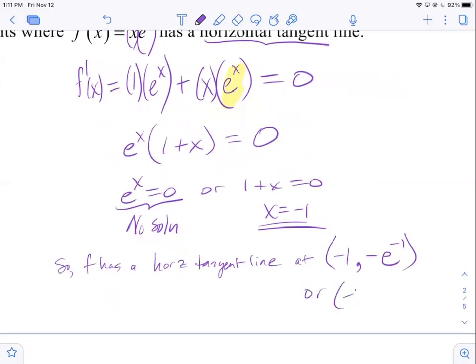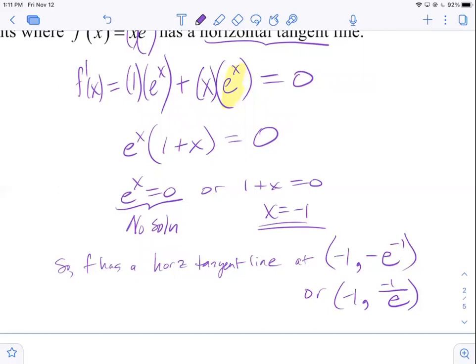Or if you want to rewrite that, it could be -1 over e, since e to the -1 is 1 over e. So that would be the coordinate. That one was not difficult to find, and that might be an actual question where you have to find the x and the y coordinate.